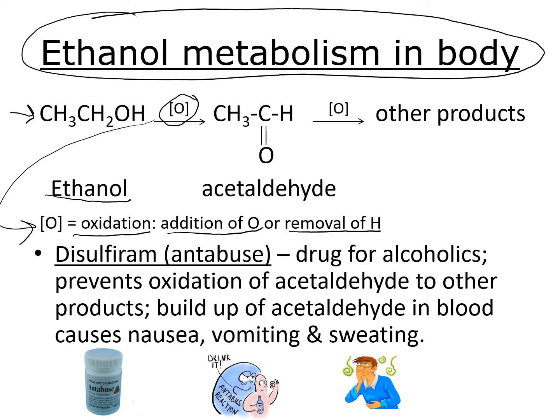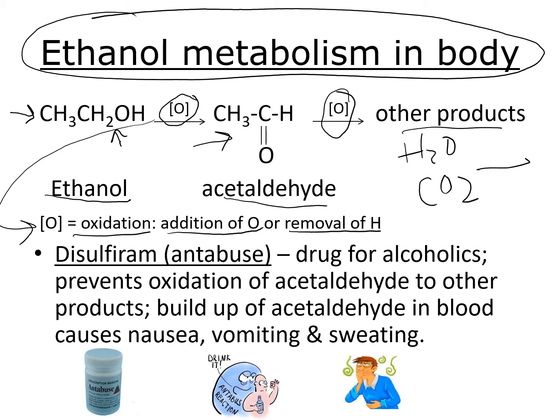So in this case, we're removing hydrogen from our compound and we form acetaldehyde. Acetaldehyde undergoes further oxidation and breaks down into other products such as water and carbon dioxide that can be excreted from your body.